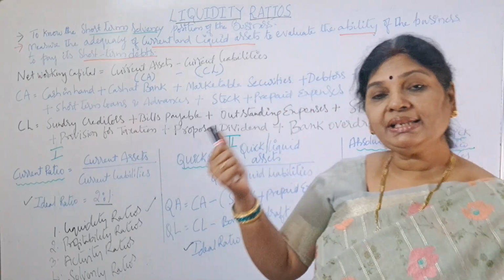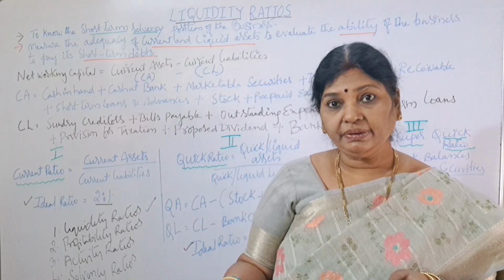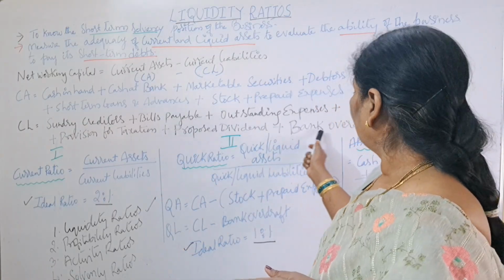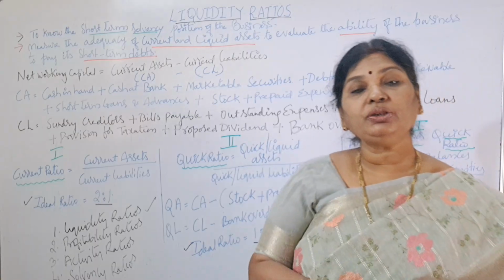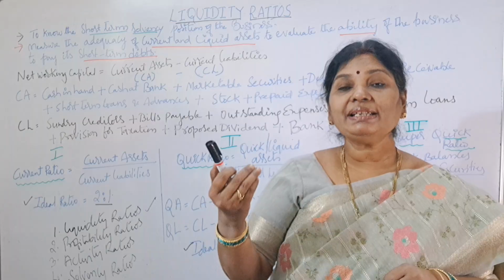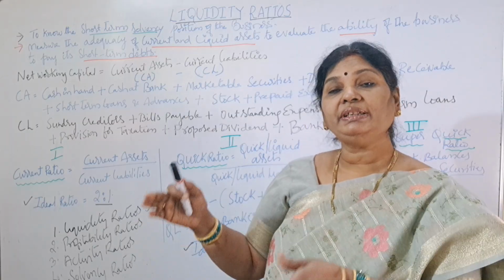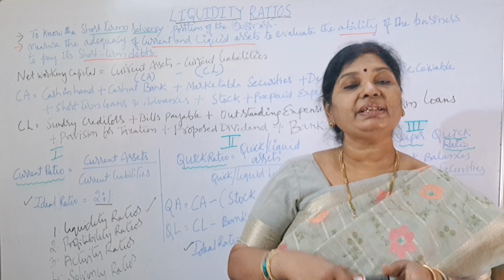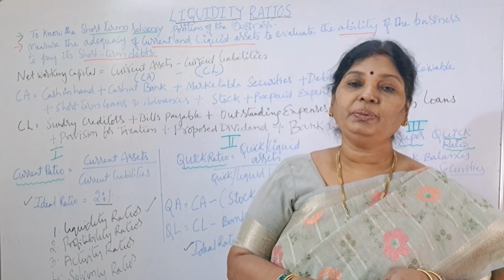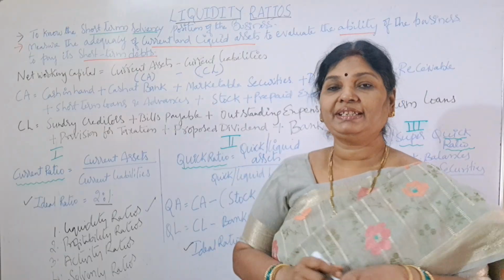For dividends, we make some provisions, and those are called proposed dividends. And next, bank overdraft. What is the meaning of bank overdraft? We make an arrangement with the banker to avail some amount more than what is in our bank account. It is also like a short-term loan. So bank overdraft also comes under current liabilities.